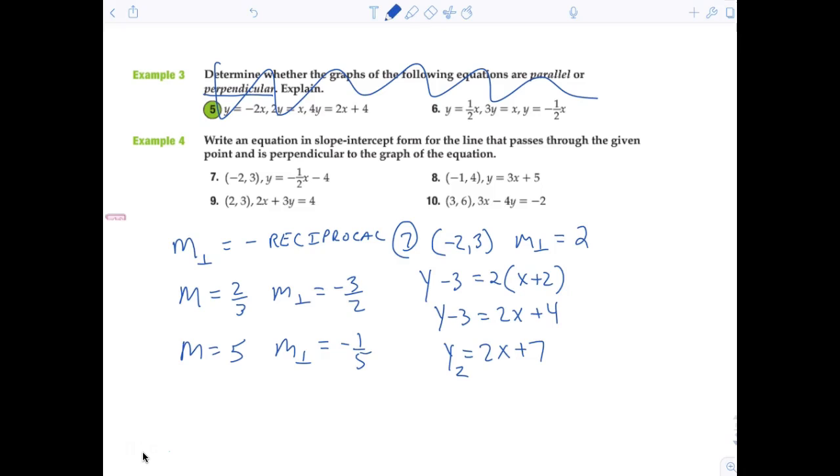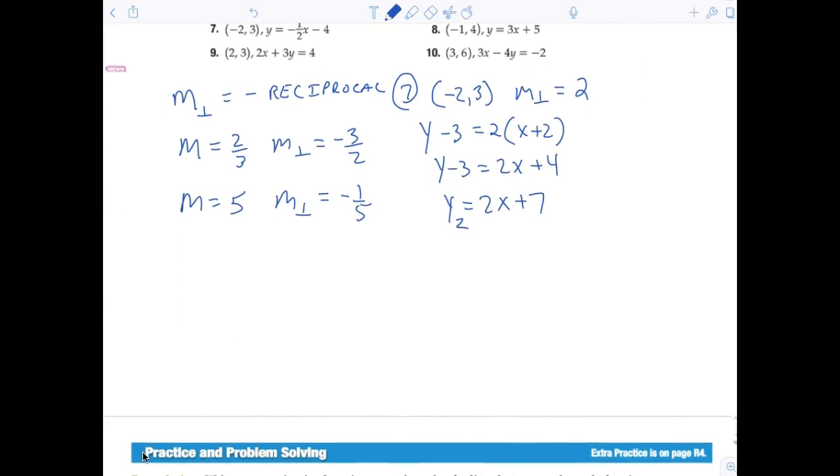Now, I'm going to do question number 9 with you, but I don't have to do all the calculator work. So take a look at number 9. I'm passing through the point 2, 3, and I have the equation 2x plus 3y equals 4.